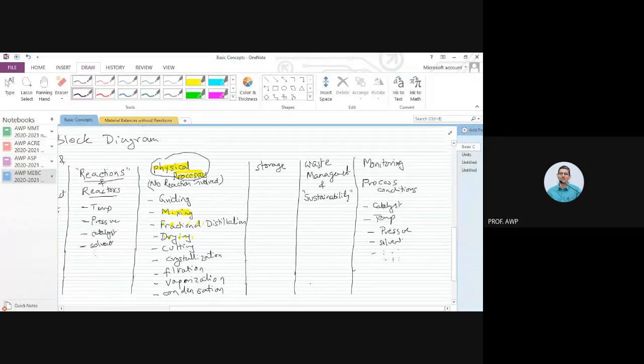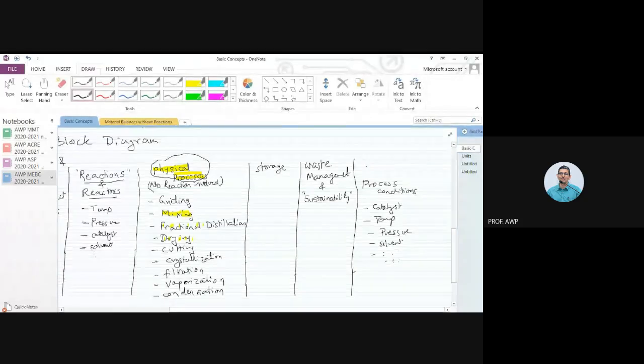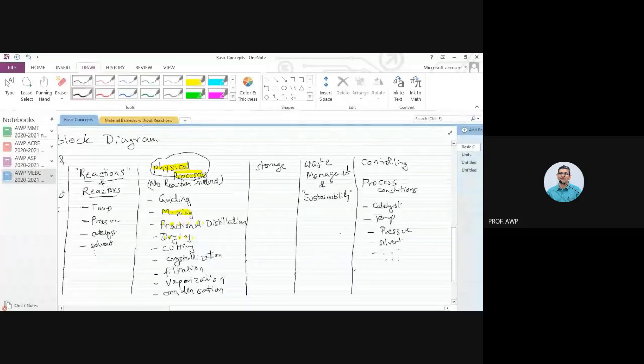Yes, I will of course monitor how much product has formed, but I am going to use another word for monitoring, or a slightly more involved aspect. Can we say controlling the process conditions?